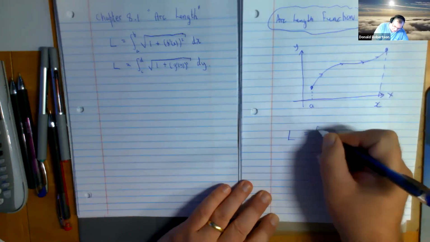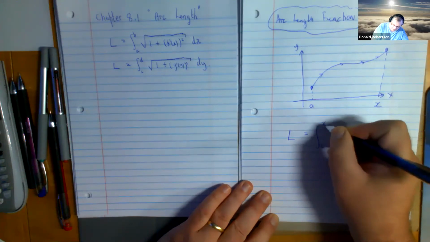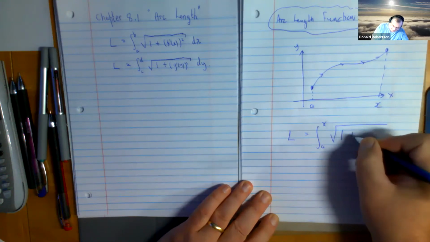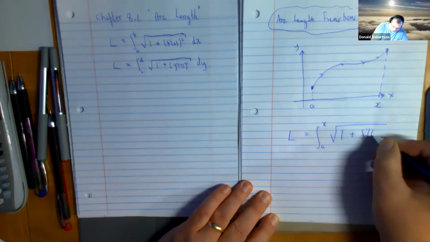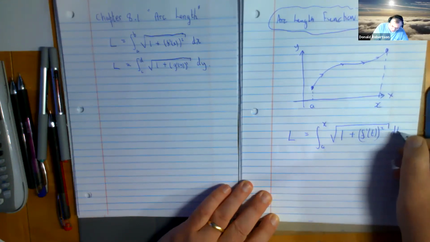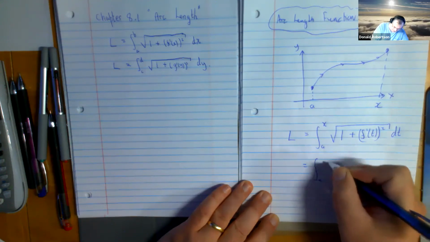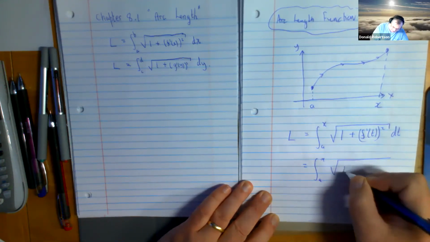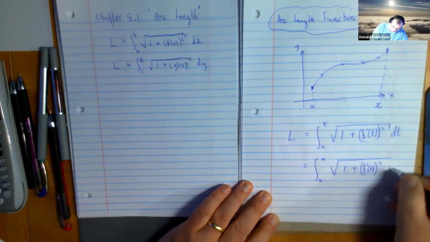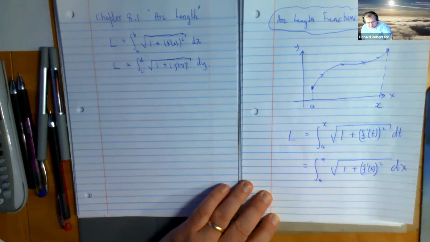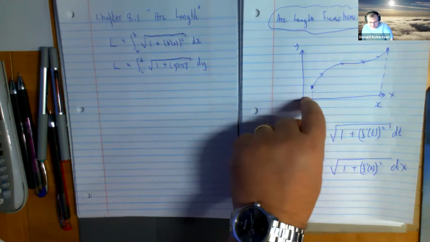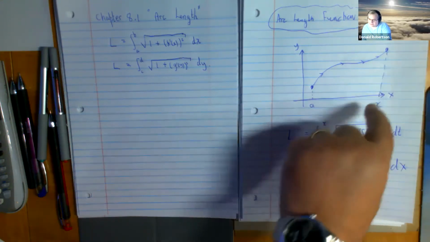So the arc length is the integral from a to x of the square root of 1 plus f prime of t squared dt. Would you agree the arc length from a to b would be the integral from a to b? Well, the arc length from a to x, wouldn't it just be a to x?